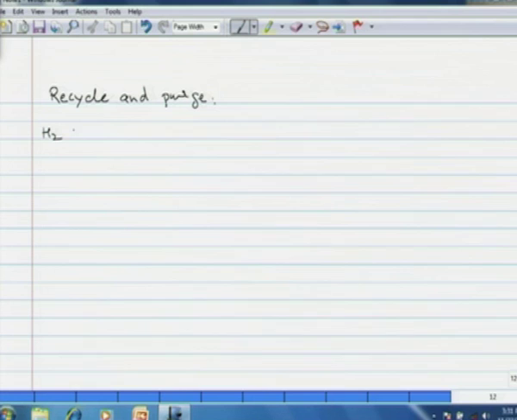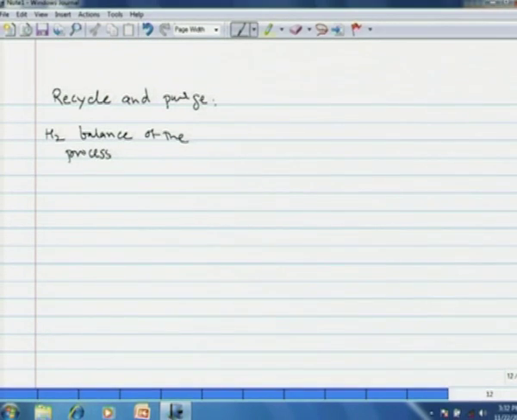Let us now do the hydrogen balance of the process. We are feeding an excess of hydrogen to force complete conversion of toluene. Okay.